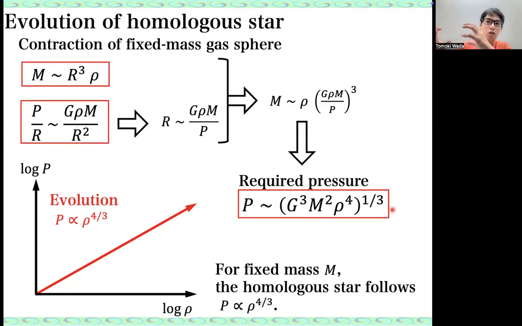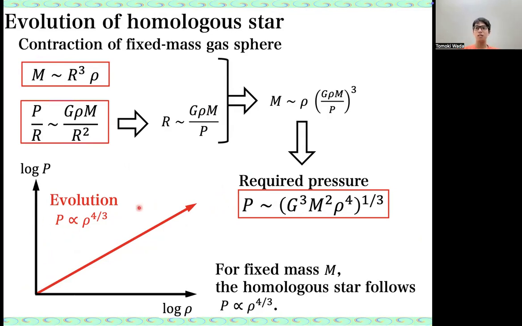And if the pressure of this gas sphere is larger than this value, it expands. In order to make force balance, this pressure is required. And in the log P, log rho plane, this relation is a single line. And as the gas sphere contracts, the required pressure increases based on this relation.